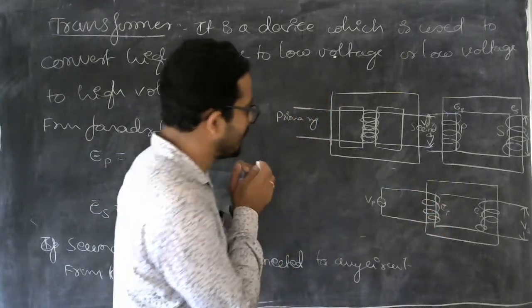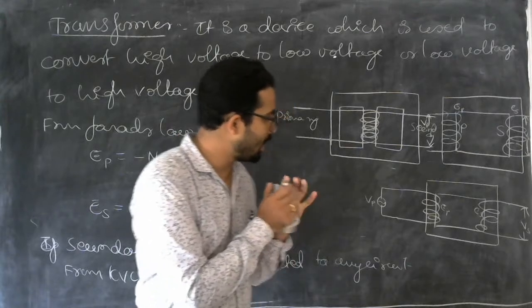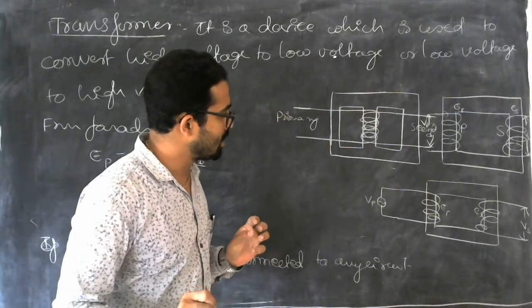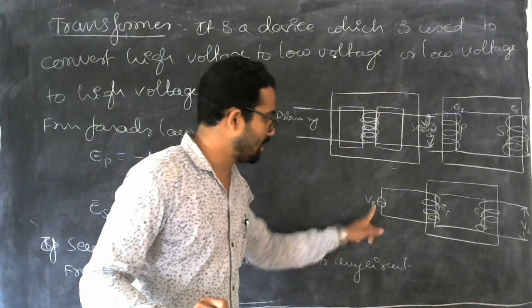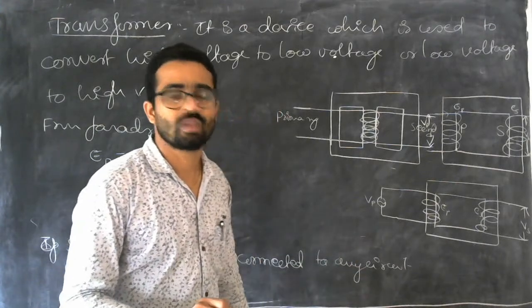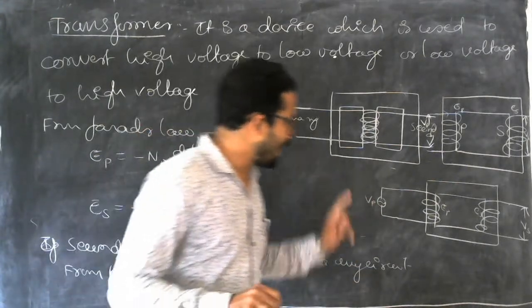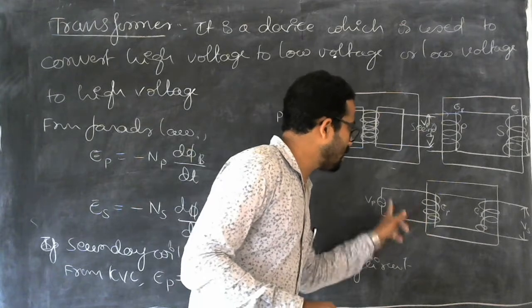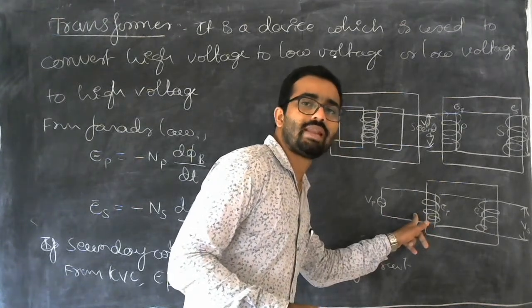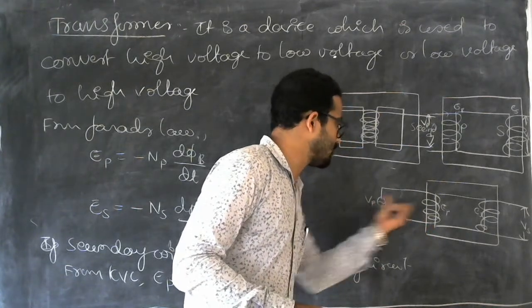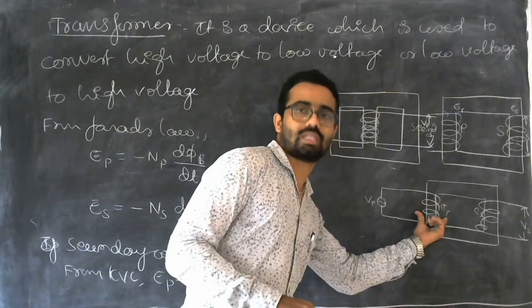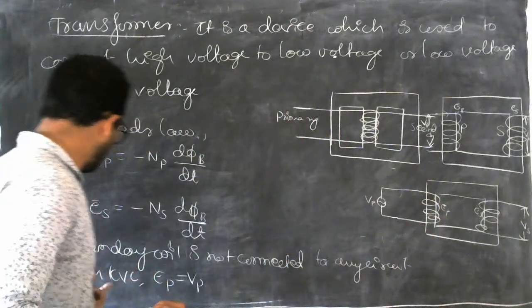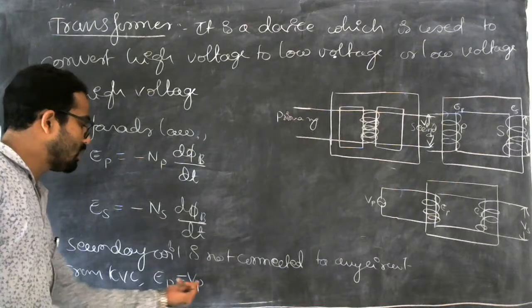If you look at this, it simply seems as if an inductor is connected to an AC circuit. So if you apply KVL to this loop, the potential across this must be equal to the potential across this. That is what I have written, EP is equal to VP.